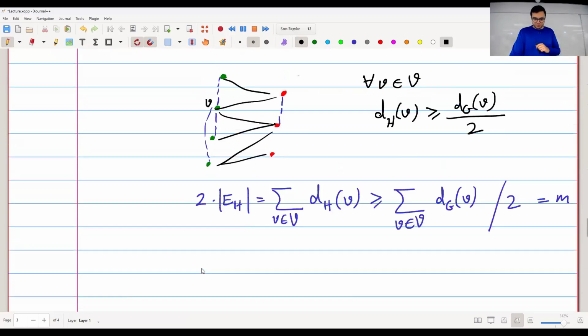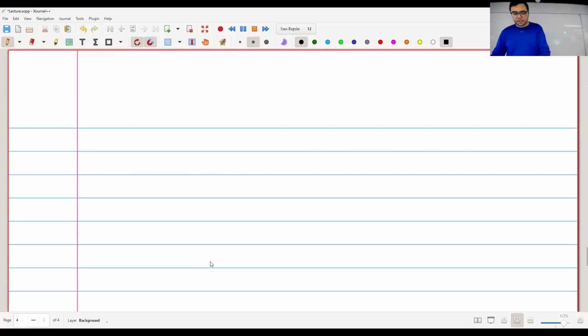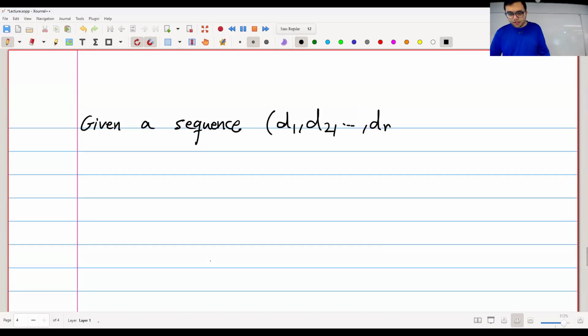So this is the question. Given a sequence, let's call it D1, D2 to Dn. And actually, let's say they're really nice, so they're giving you the sequence in sorted order. So D1 less than or equal to D2 up to Dn.